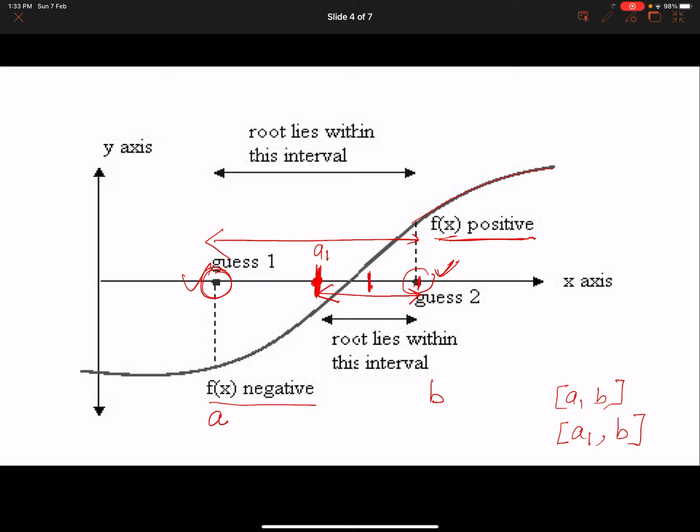And this time, suppose this is B1, we'll say that the root lies between A1 and B1. We keep on doing this until we reach here. That is the point where the root is.